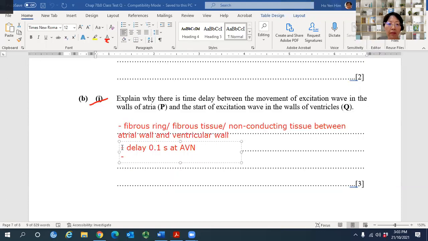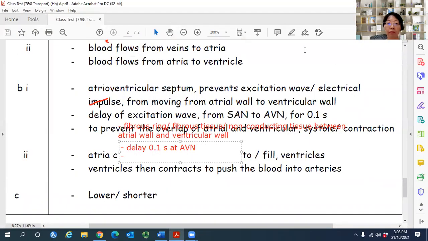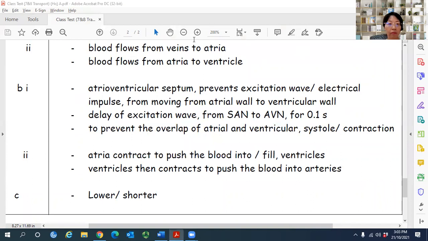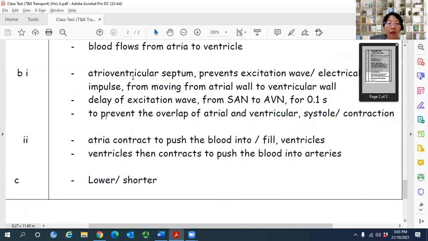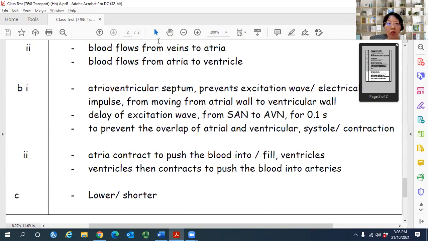Hang on, let me check the mark scheme. Okay. So the third marking point is to prevent the overlap of atrial and ventricular systole. So that's the third marking point.